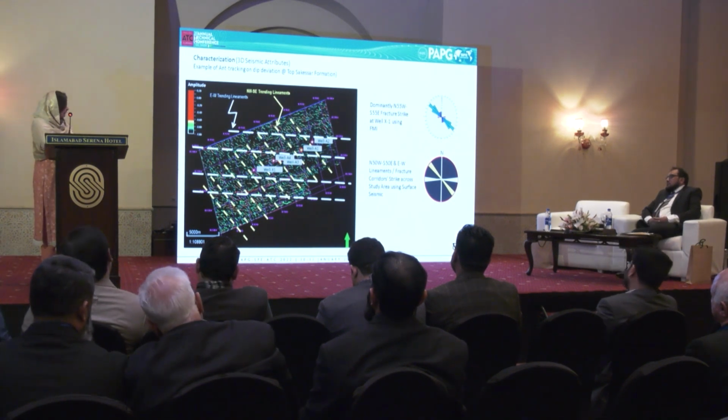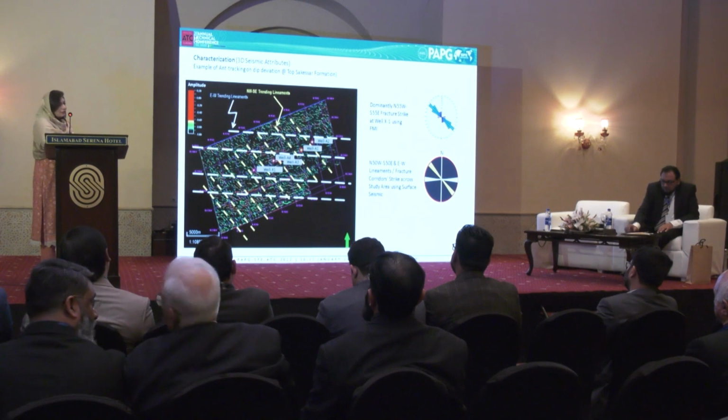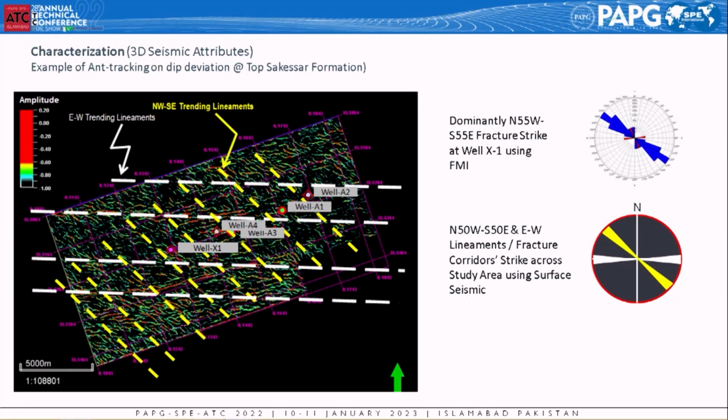We can clearly identify two sets of lineaments. One is northwest-southeast, and the other one is an almost east-west trending fracture system. So from the previous slide, we remember from the image log analysis that north 55 degree west and south 55 degree east fracture strike has been encountered at the well X1.